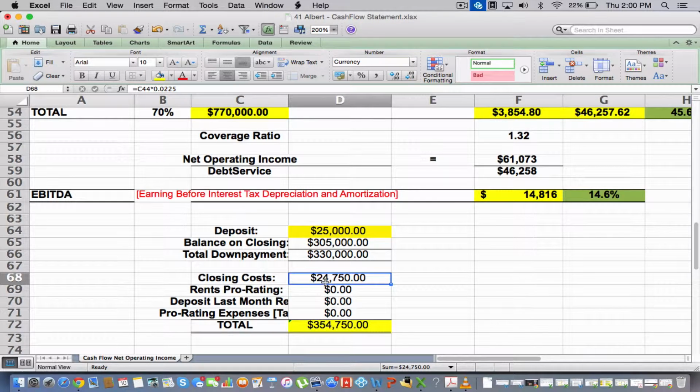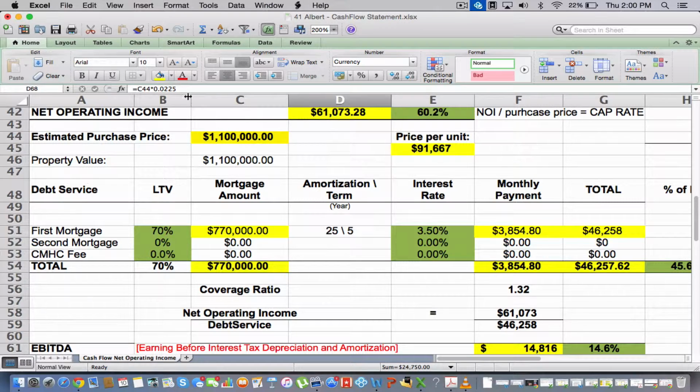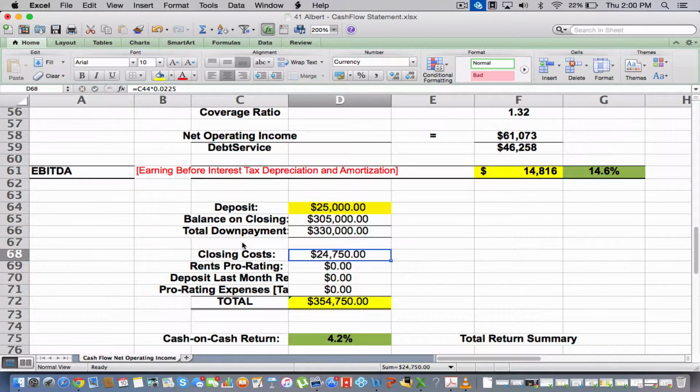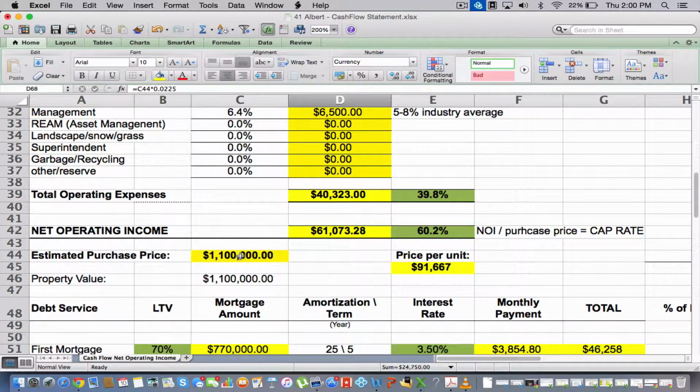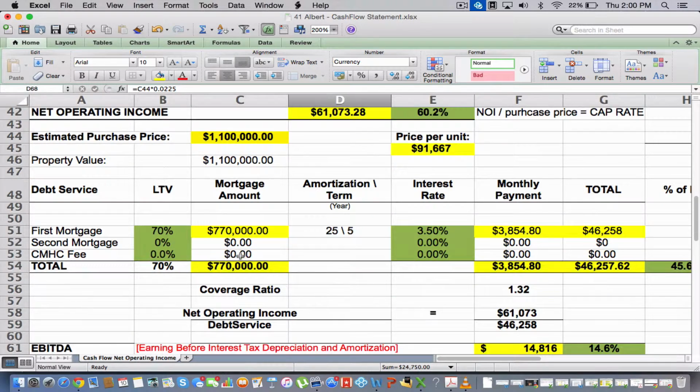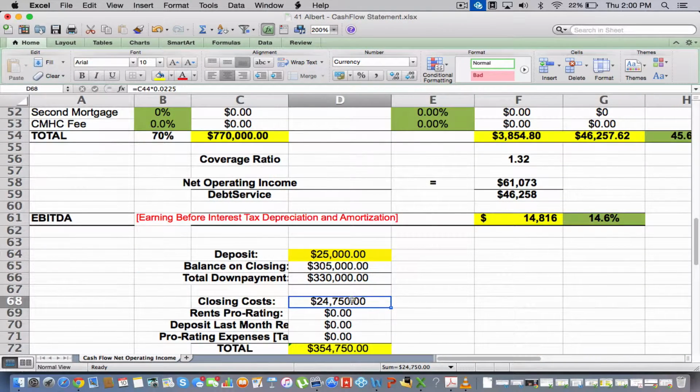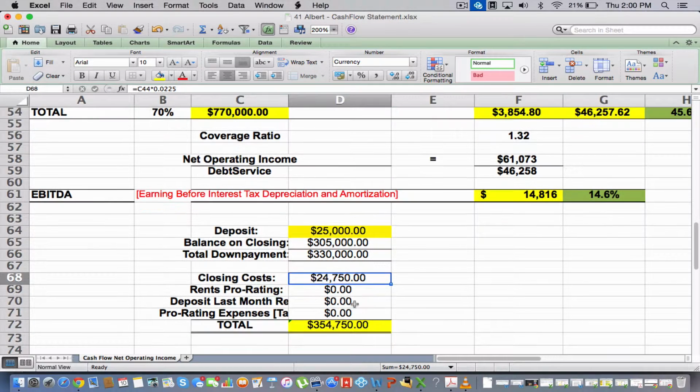So C44, if you look at the formula bar up here, it says C44 times 0.0225 or 2.25%, and C44 is the purchase price. So basically it takes the purchase price, multiplies by 2.25%, and you get an average cost for closing costs. So your down payment plus your closing costs, total down payment in this scenario, $354,000.